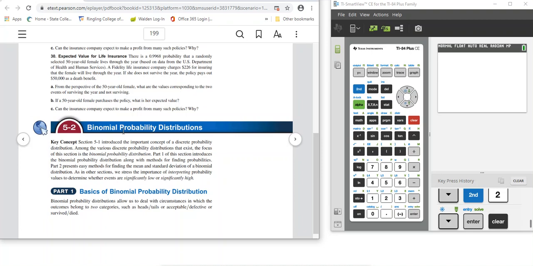The binomial distribution is what we refer to as a discrete random variable, and it's by far the most popular. It's the easiest to understand. It's kind of like the histogram.